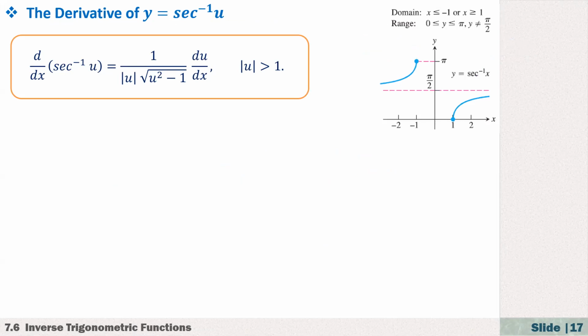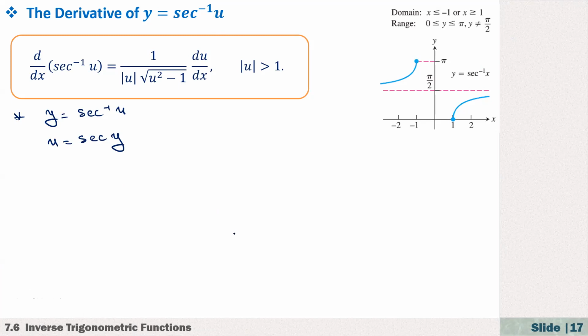Here again, by definition, suppose y is equal to inverse secant of u. Maybe I can do this in terms of u, which means u is equal to secant of y, and keep in mind that u is a function of x.